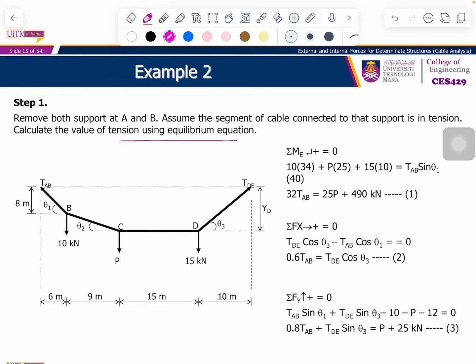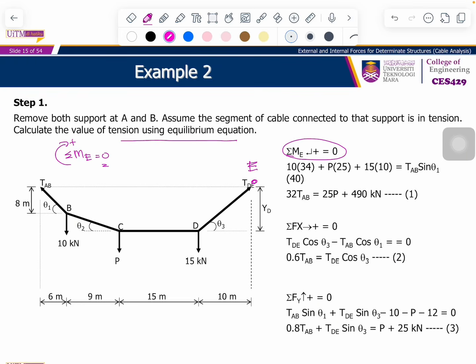Firstly, we take moment at E equal to 0. So this one is point E. Let's say moment at E equal to 0, with clockwise direction positive.